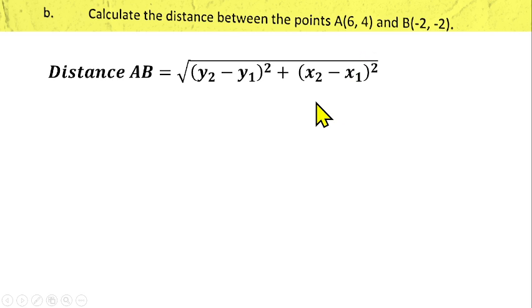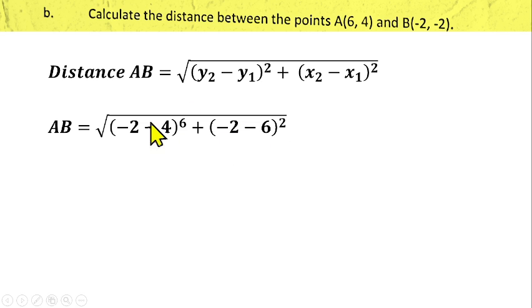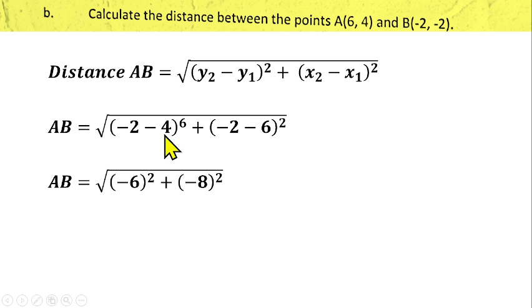If you put that into this formula, you will have the square root of open bracket minus 2 minus 4 squared. This is squared, not raised to power 6, please. This is a typographical error. This is squared plus open bracket minus 2 minus 6 squared. So then if you do that, minus 2 minus 4 will give us minus 6 squared.